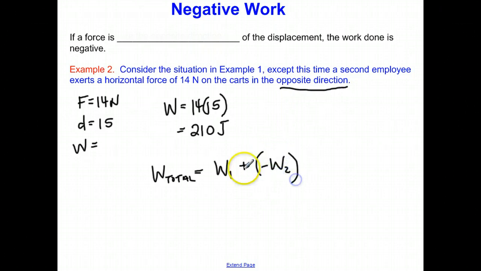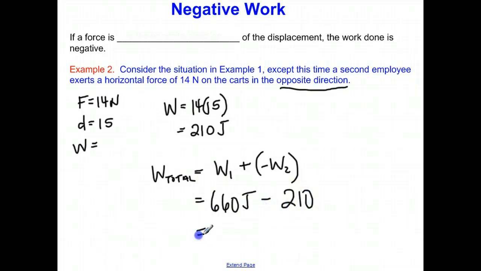So the total work is the sum of all of the work done, but this second one is in the opposite direction, so we actually end up subtracting it. And so our answer was 660 by the first employee, minus the 210 from the second employee, and the total work done on this cart ends up being 450 joules.